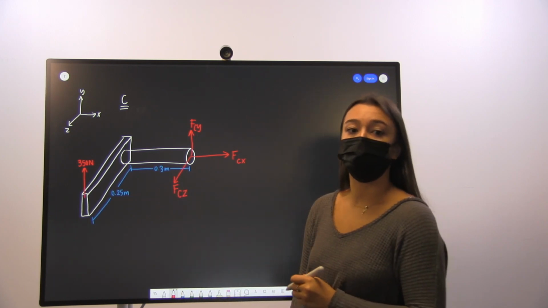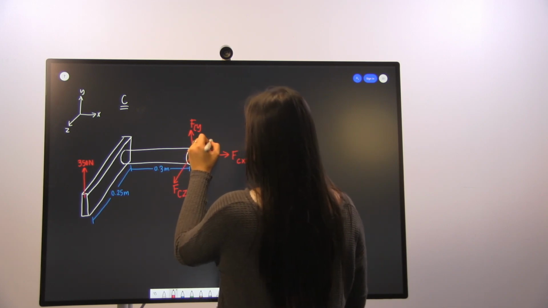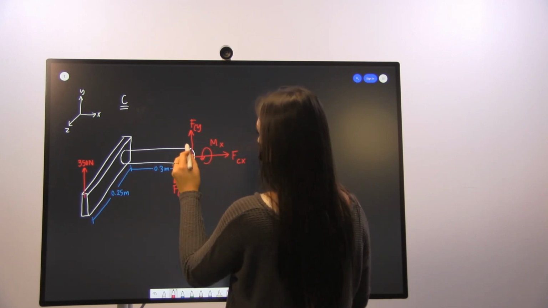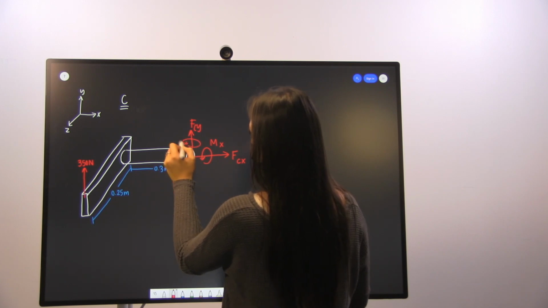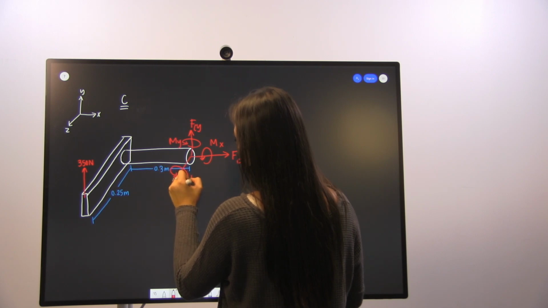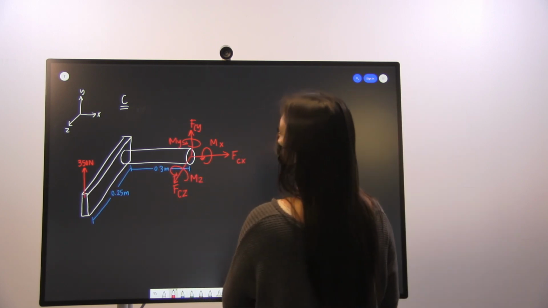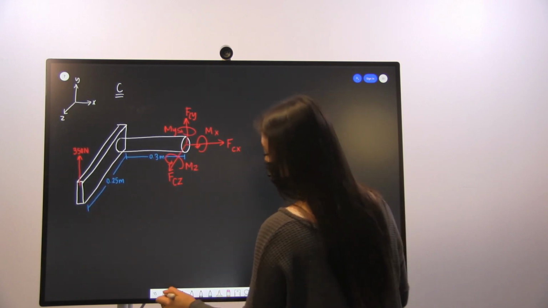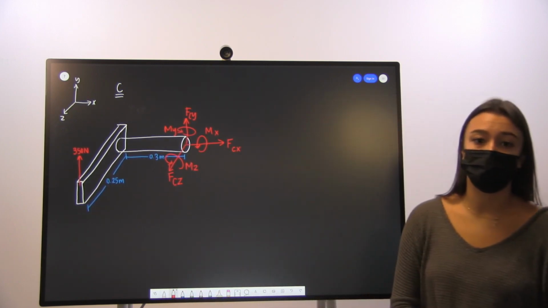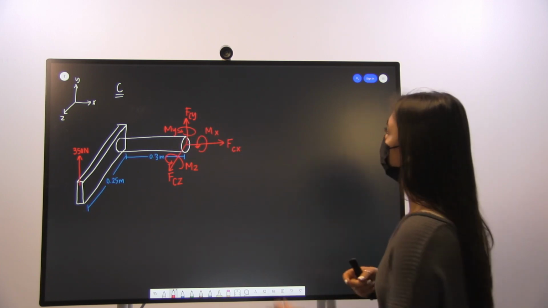And similarly, we're going to have moments about each of those axes as well: x, y, and z. So now, like we did with point B, we're going to use our equilibrium equations to solve for the values of these forces and moments.